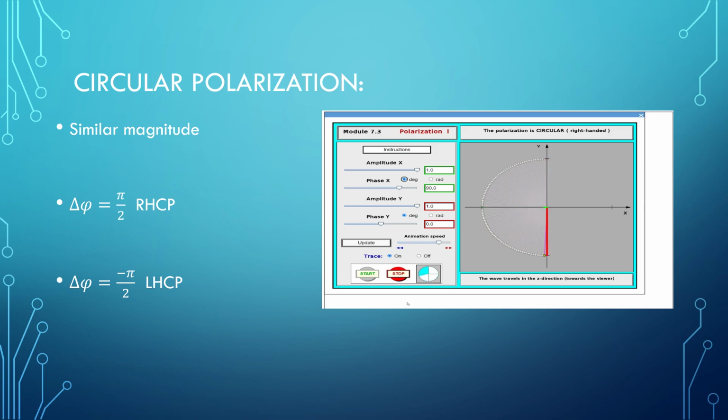In this case, we will use the left hand to curl along the polarization direction, and the thumb will be pointing towards us.